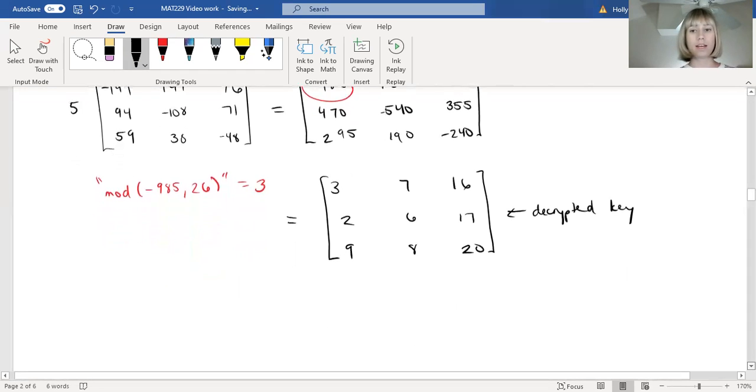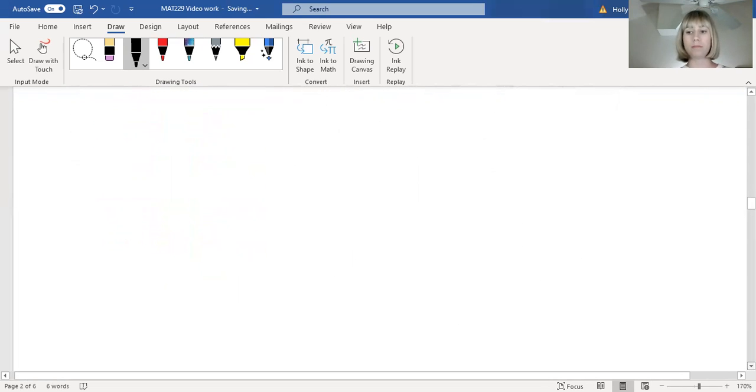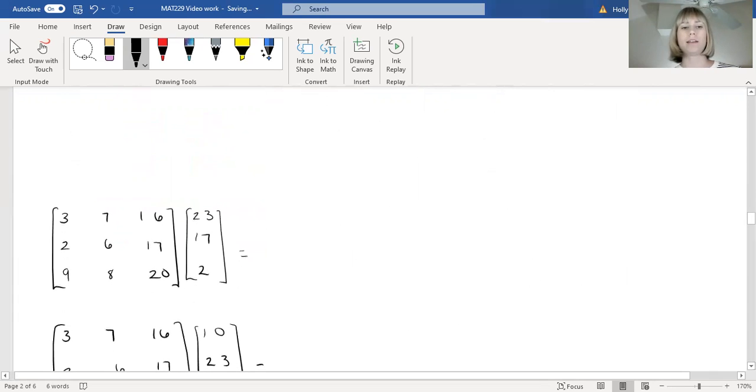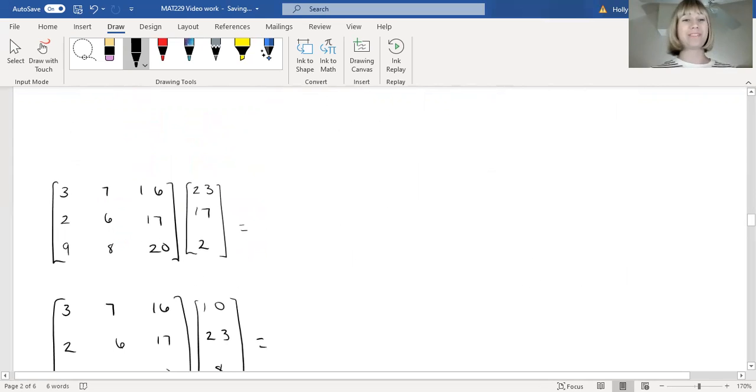So the next step, remember all the way back where we had our message? Well, now that's coming back. We had 4 vectors of that message.